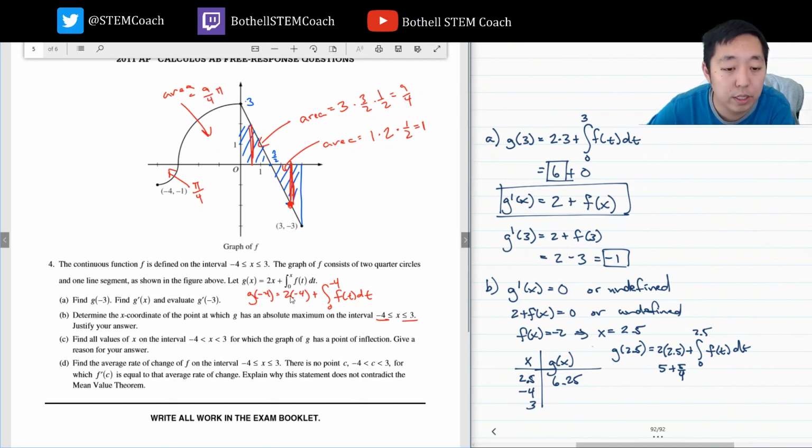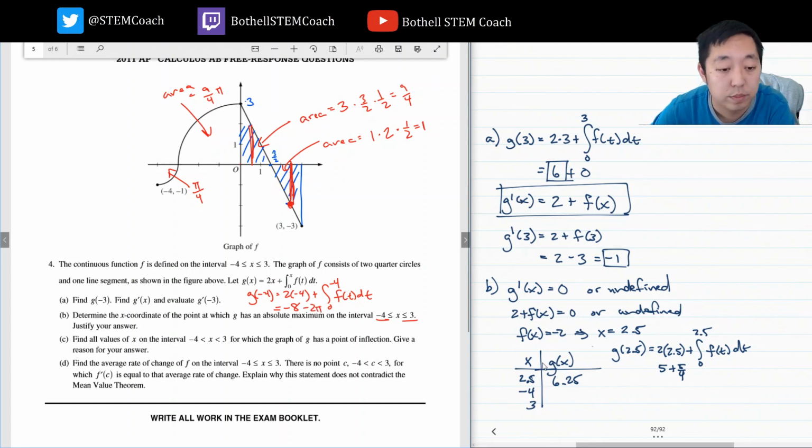So when I'm doing this area, this is negative 8 plus the area between 0 and negative 4. Now if I was integrating from here to here, the total area would be this positive area minus this area, which would just be 2 pi. But because I'm going right to left instead, I've got to make it minus 2 pi. So this is minus 8 minus 2 pi.